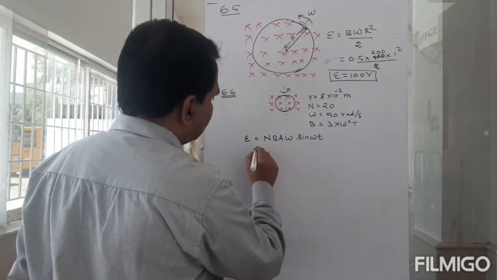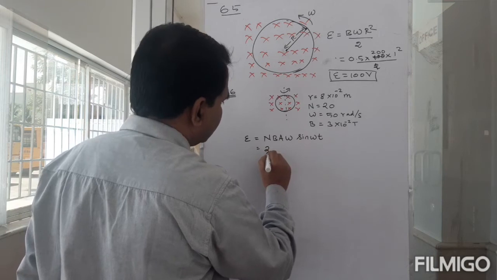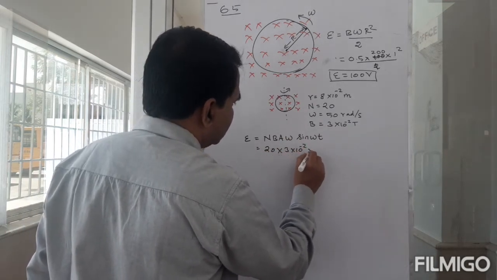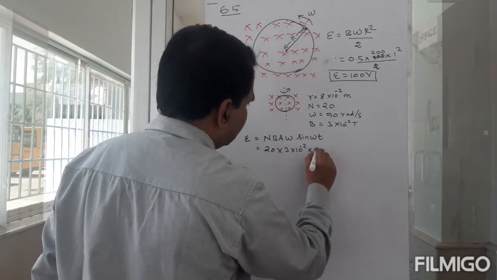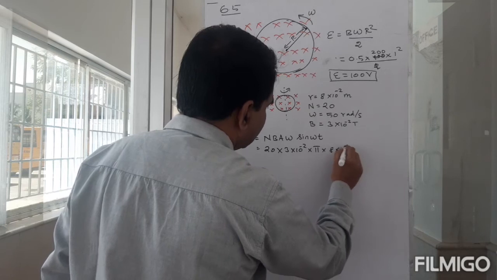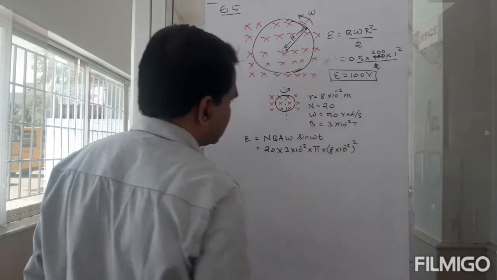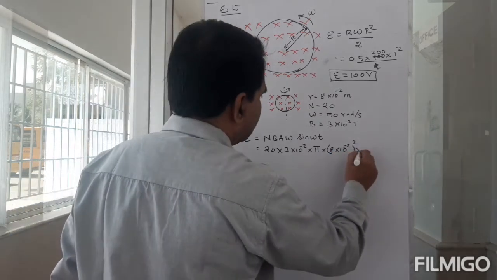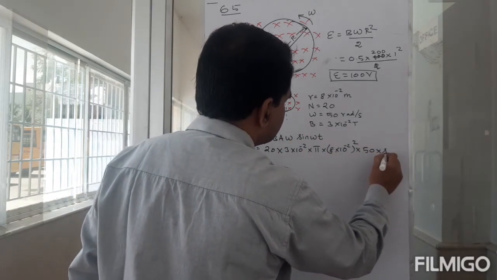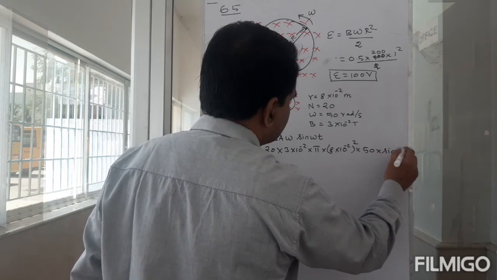So what is N? N is going to be 20, and then B is 3 into 10 power minus 2, and then area is pi into r squared, 8 into 10 power minus 2 the whole square, and omega is 50 and sin ωt.